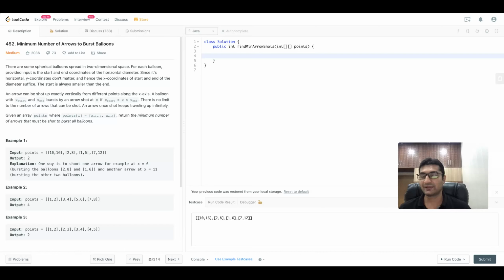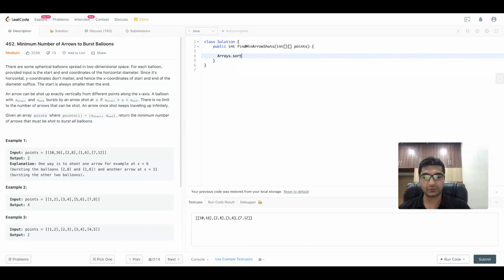So we'll just increment our arrow count by 1, right? But if the start coordinate is smaller than the end coordinate, that means there's some overlapping interval between these two, so one arrow would suffice to burst these balloons. That's how we can solve this question. Let's go through it and write the solution.